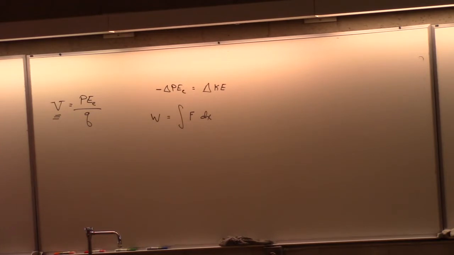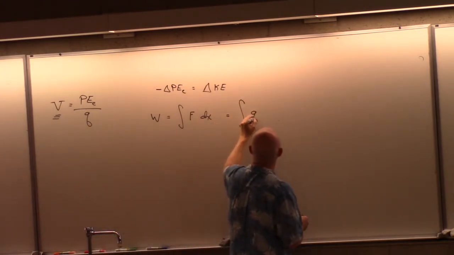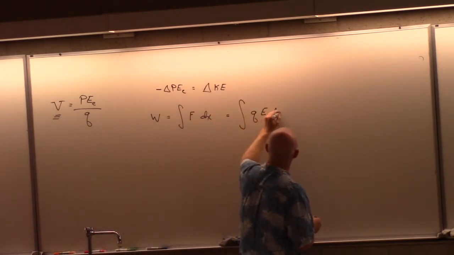The good thing and the bad thing of chapter 7 was that the bad thing is we had these integrals to do. The good thing is I did them for you. We did them in class, and then we just had a set of equations. Let's do the same thing. Let's do this integral and some others, and that way you won't have to do them. You've got to remember kind of the result and how to apply them. But for a case like this, I'm going to put QE dx.